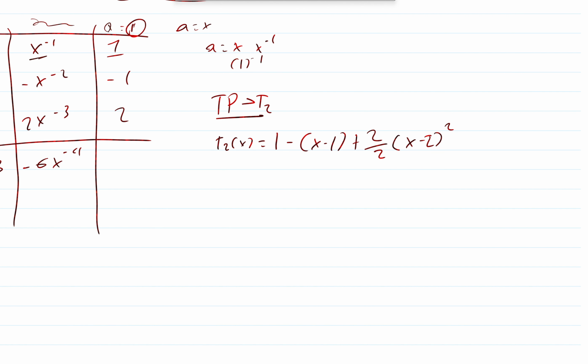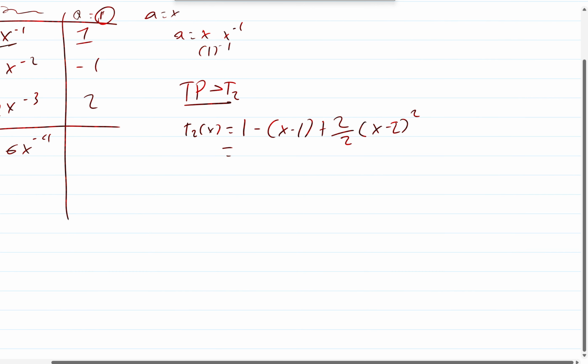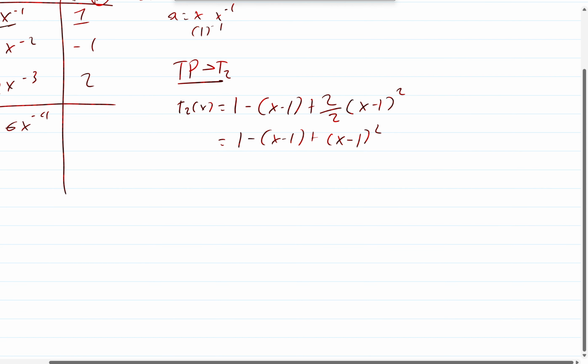Don't forget the squared. Let's simplify this: it's 1 minus (x minus 1) plus (x minus 1) squared. That is our answer for part 1.